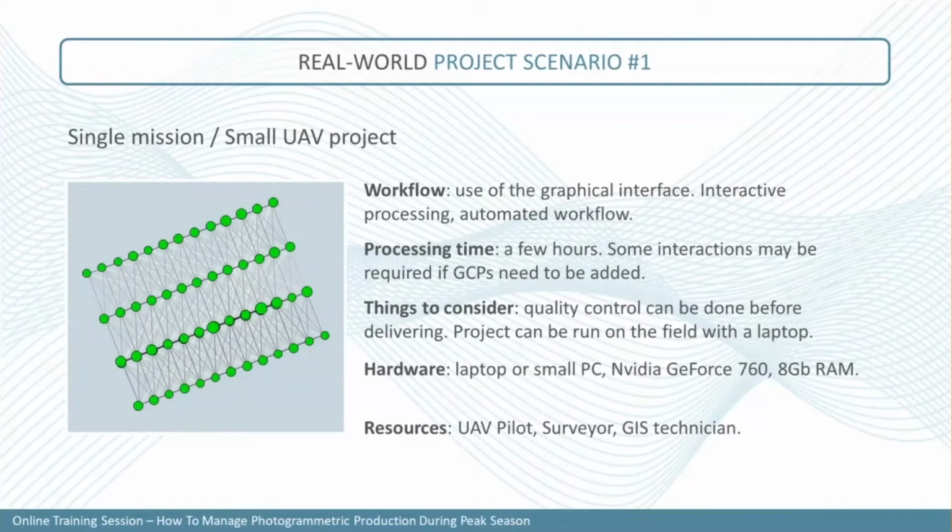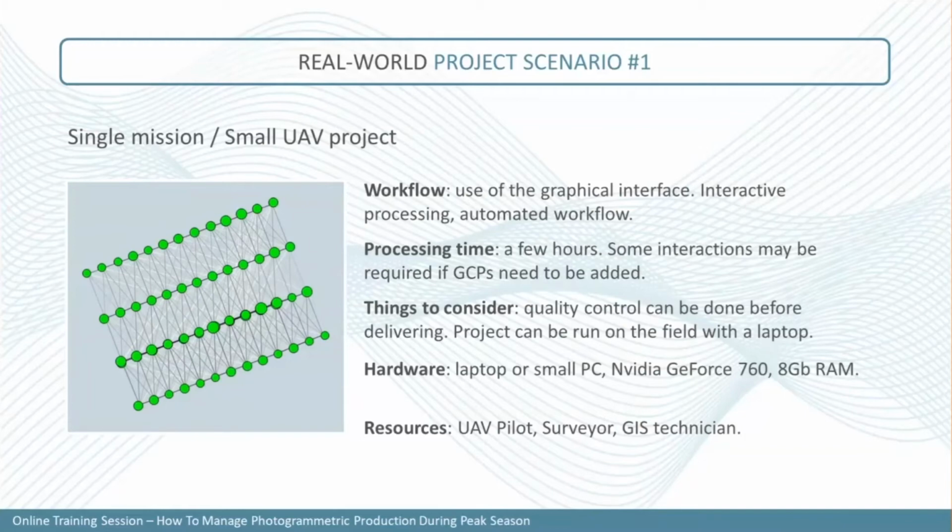What we suggest for such a project is to use the graphical user interface. It's going to be really quick to process, maybe a few hours depending on the machine that you have. You can also use some ground control points to refine the absolute accuracy of the model.